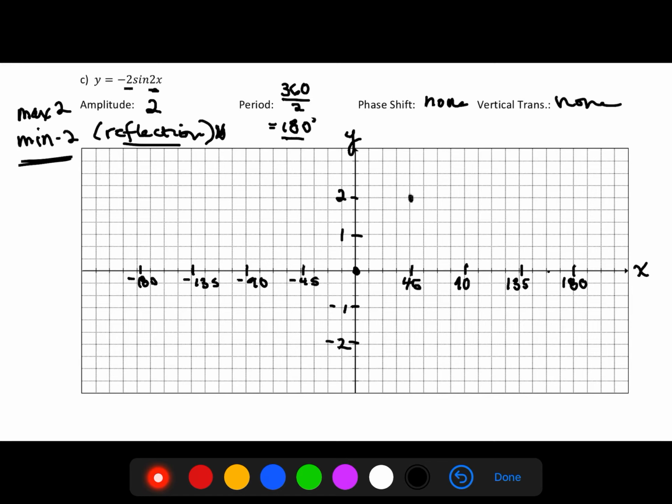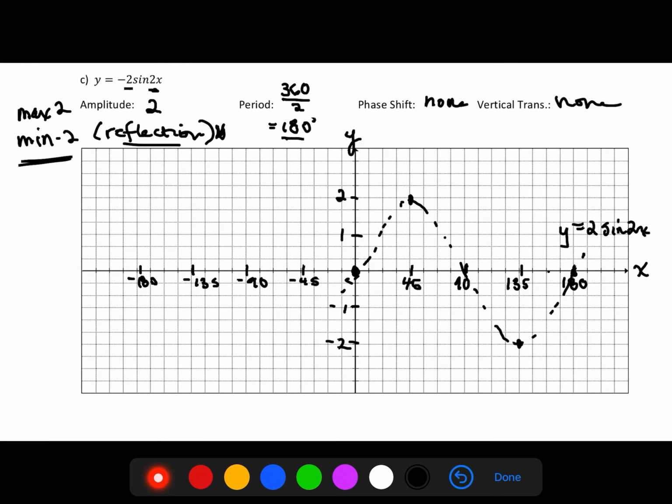So if we want to, we can plot without the reflection first. So we have a stretch of 2, and our key points are half as far as they were, so 90 to 45. So this is going to be the graph without a reflection of y equals 2 sine 2x.